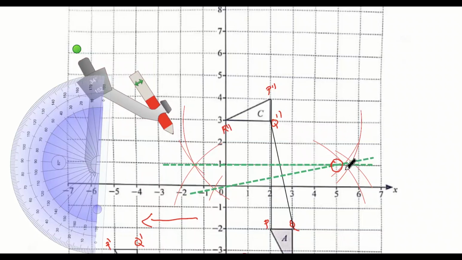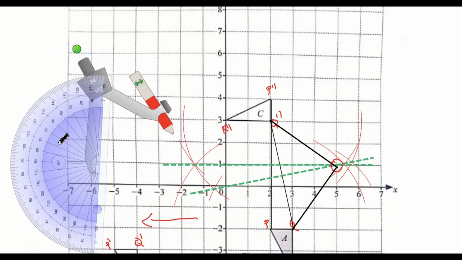Then we draw another line from the center of rotation to point Q prime prime. It is obvious here that this is 90 degrees. It's obvious, but you can still check.